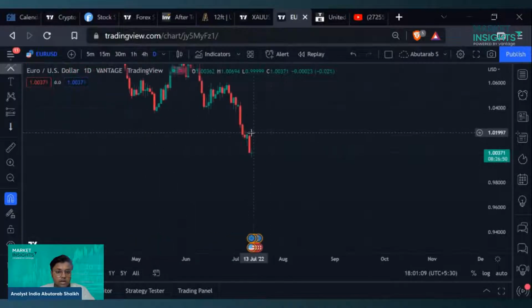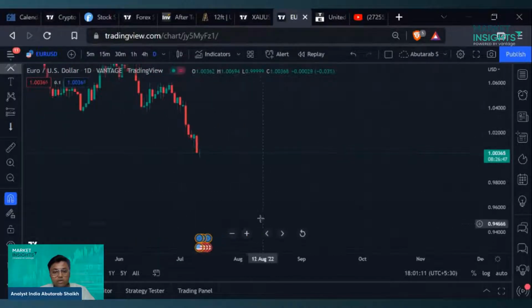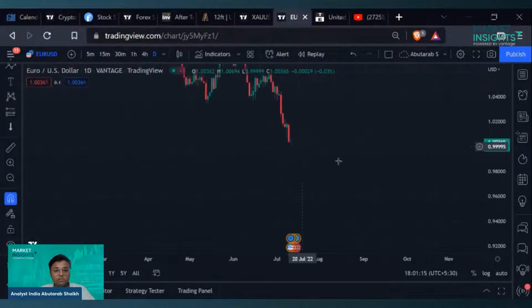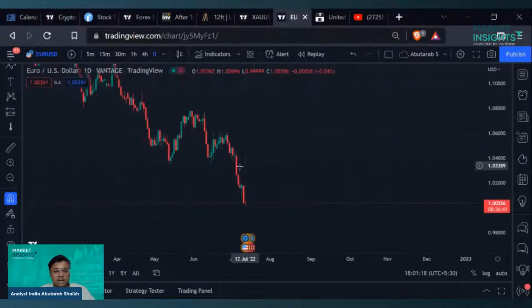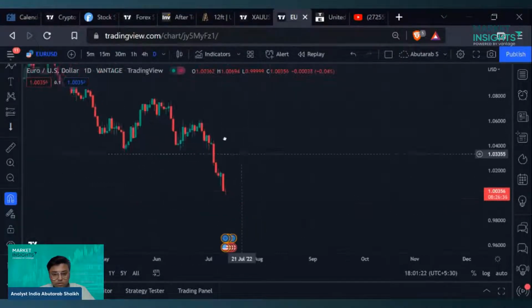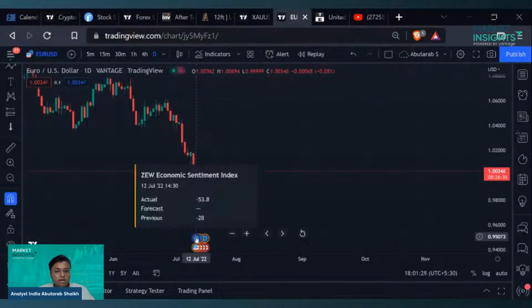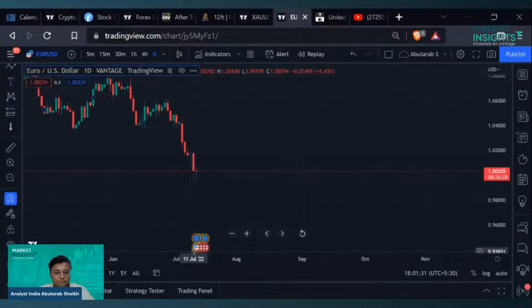It is trying to gather some strength. Now, what is going to happen in the future, sir? Euro USD, we are going to do some support analysis, so let's keep that aside for a moment. A lot more questions are coming about this particular market, Euro USD. The euro is fundamentally fragmented, in the sense that the European Central Bank cannot just out of the blue increase the short-term interest rates.